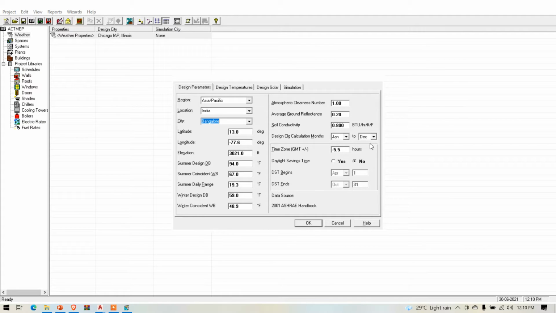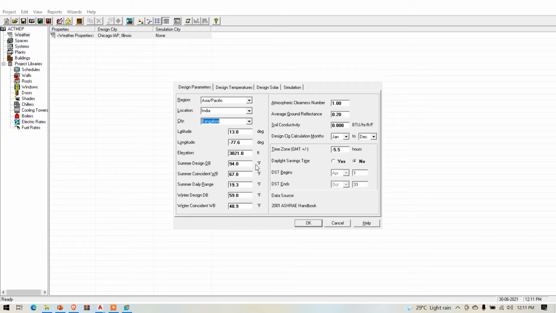It calculates for each and every day, each and every hour and each and every month, and you get more accurate results compared to manual load calculations. That is why nowadays people go with software load calculation instead of manual load calculation. The main advantage of software load calculation is that you get accurate results.